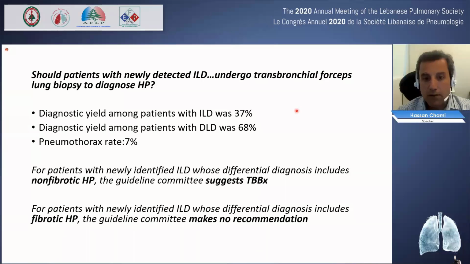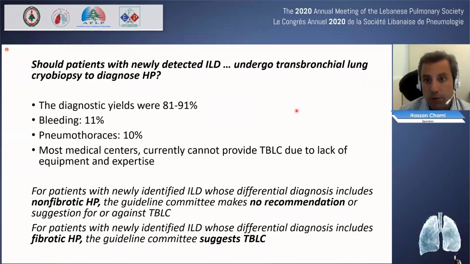Thank you. Okay. So for that, they actually suggest doing a transbronchial biopsy for non-fibrotic, but made no recommendation for fibrotic HP. So for the inflammatory type, the guidelines suggest a transbronchial biopsy, but make no recommendation when the presentation is fibrotic. With regards to cryobiopsy, there were two issues.